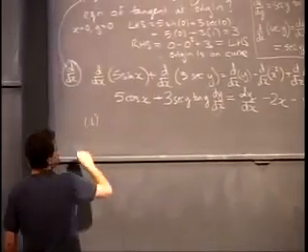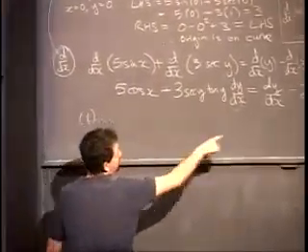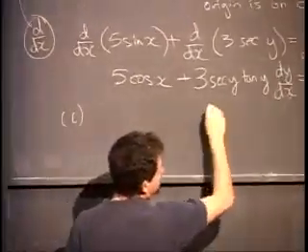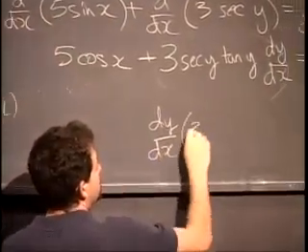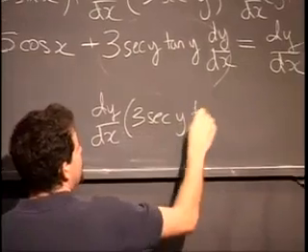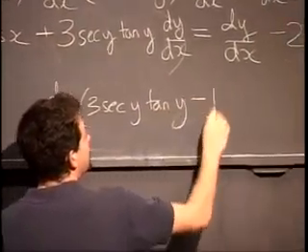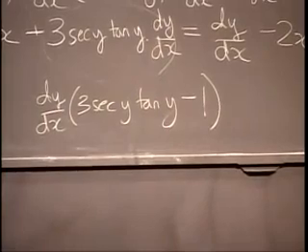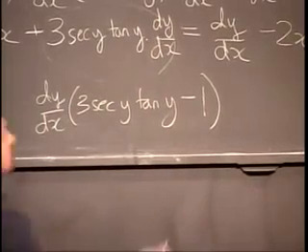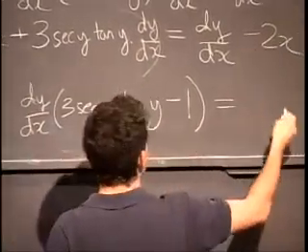The first way is that we could throw all the dy/dx stuff on the left-hand side so that we'd have, say, dy/dx with a factor of 3 secant y tan y minus 1. You see, I'm going to throw that dy/dx on the other side and have a minus 1. And then, of course, I'm going to throw all the non-dy/dx stuff on the other side.